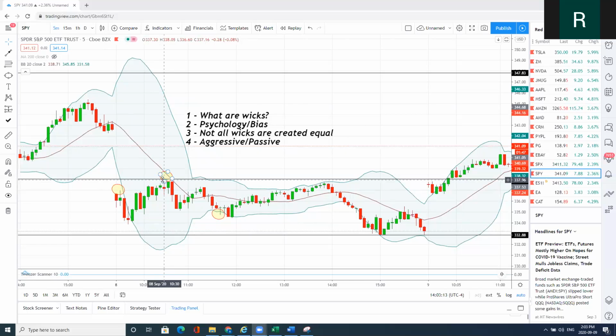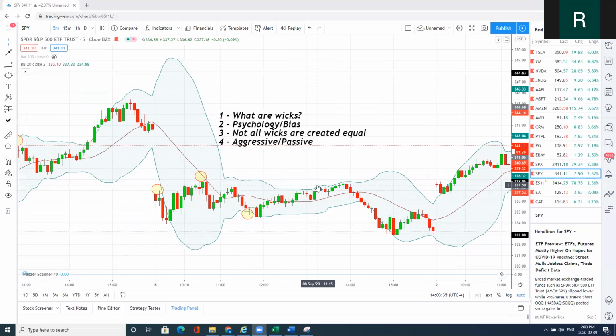Because just normal trading logic says if you want to short, you sell high and buy low. If you want to go long, like in this case, this wick is a good wick versus all of these wicks because it's close to the low. So this is a good wick to buy low and sell high, okay?